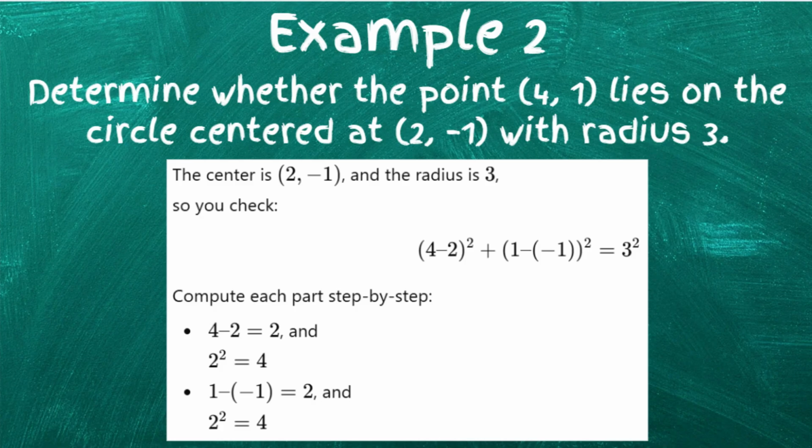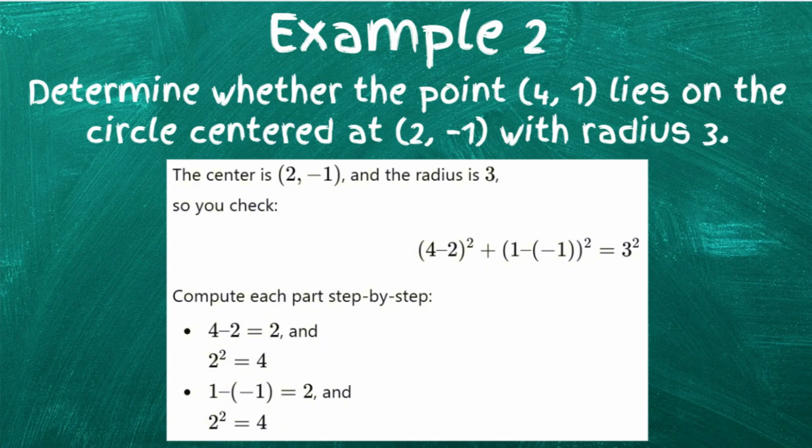To compute each part step by step, 4 minus 2 is equal to 2 and 2 squared is equal to 4, while 1 minus -1 is equal to 2 and 2 squared is equal to 4. So the left side becomes 4 plus 4, which is equal to 8, and the right side is 3 squared, which is equal to 9.